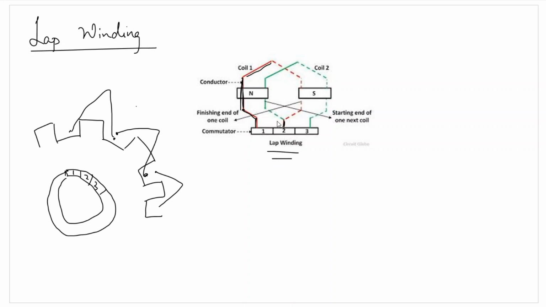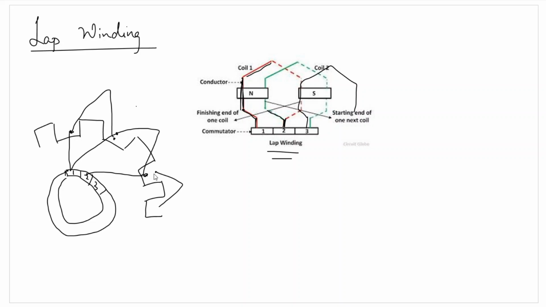What happens is the next coil will start from commutator segment 2 and end up at commutator segment 3. Another coil will start at commutator segment 3. It will be placed in certain slots. So you have this winding connected to commutator segment 1, its other end connected to commutator segment 2.